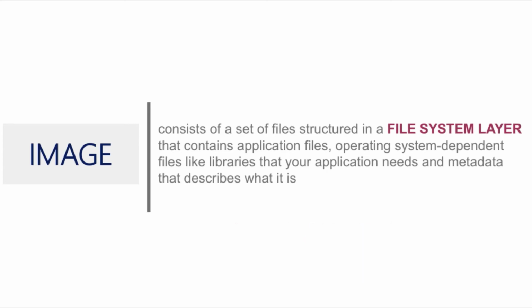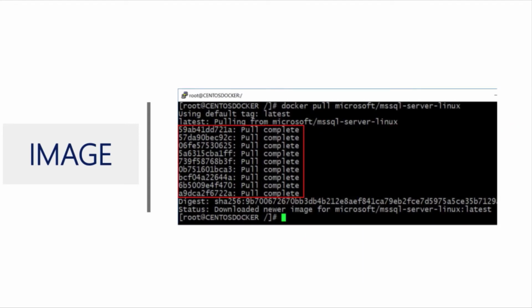I want to show you this image from pulling a Docker image off of the Docker Hub. If you look at the output, you have the pull complete statements. Each line consists of a 12-character GUID value. Actually, those are shortened GUID values, but each of those represents a file system layer.